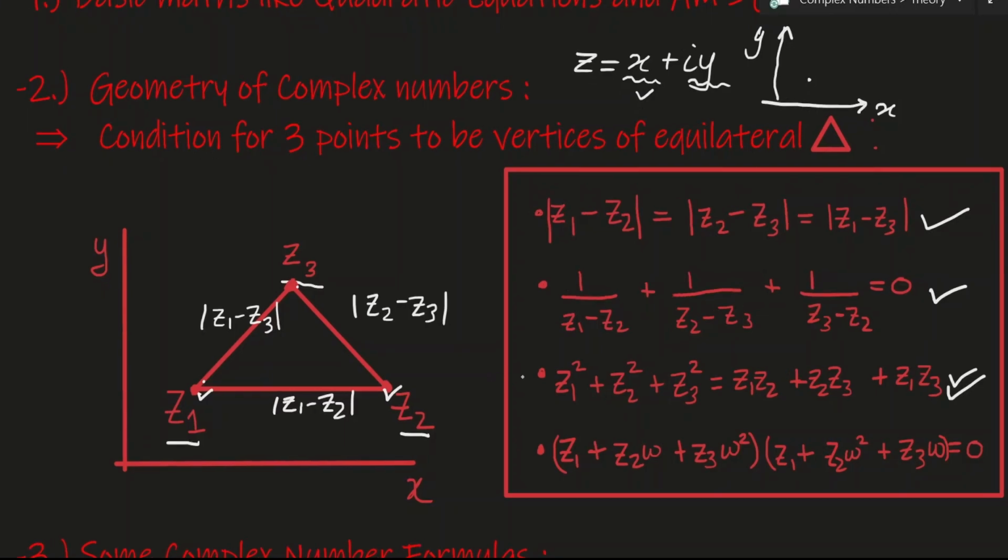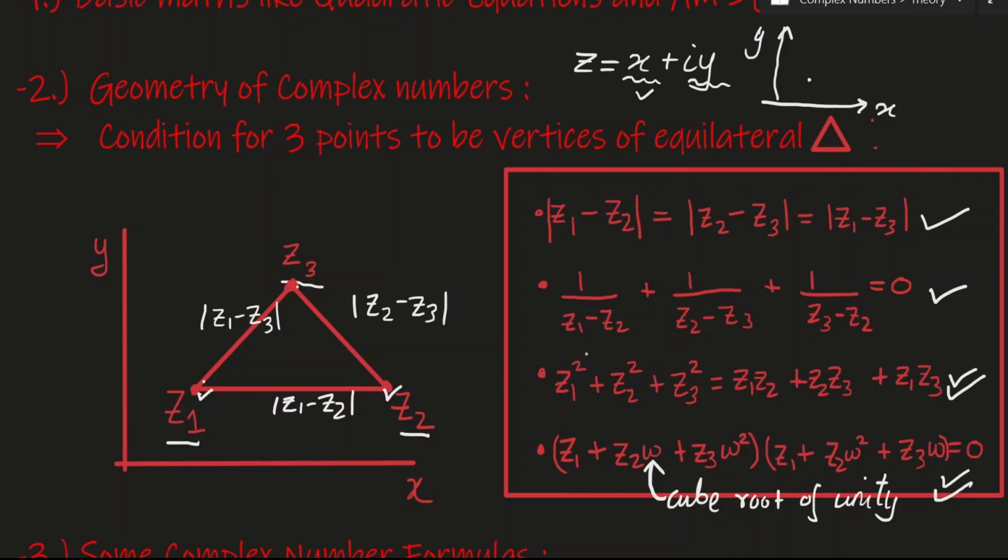Now moving on, you also need to keep the fourth formula in mind. It is not used very much, but it is pretty standard in its nature. Now what you need to observe here is omega represents the cube root of unity. Okay, so these are the four conditions that are satisfied if Z1, Z2, Z3, 3 points on the complex plane represent the vertices of an equilateral triangle.